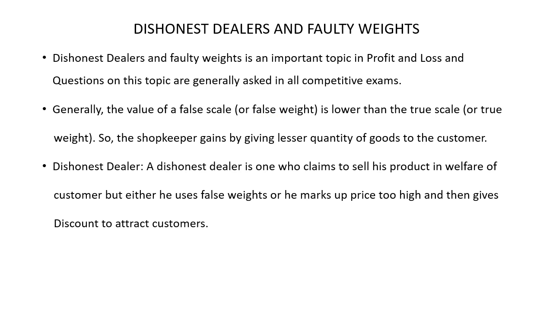So the shopkeeper is selling only 800 grams of sugar to the customer. Now the customer thinks he is buying 1 kg of sugar from the shopkeeper, but actually he is getting only 800 grams of sugar, but he pays for 1 kg of sugar to the shopkeeper. Thus, the dishonest shopkeeper gains by giving lesser quantity of goods to the customer.